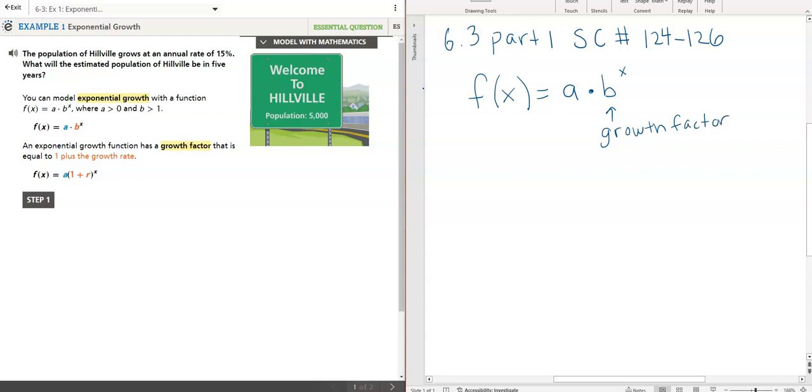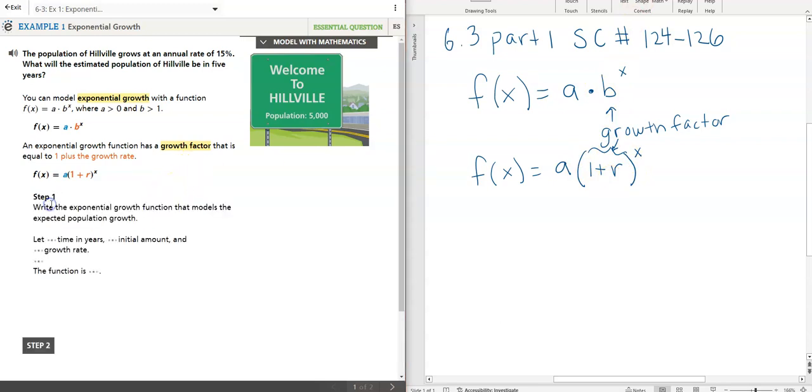And a growth factor is 1 plus the rate. So our new function, we still have the A, but instead of timesing it by B, we're going to times it by our growth factor of 1 plus R, and we're still raising it to that power of X. So our growth factor is actually referring to both this part and B. So all we did was replace B with 1 plus R.